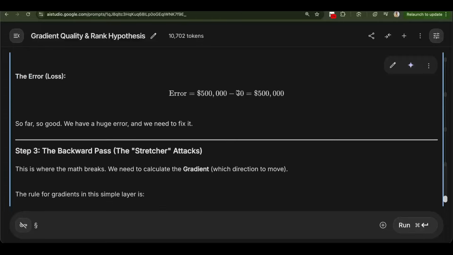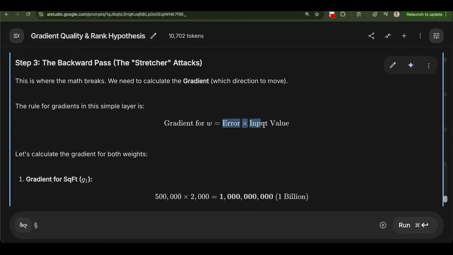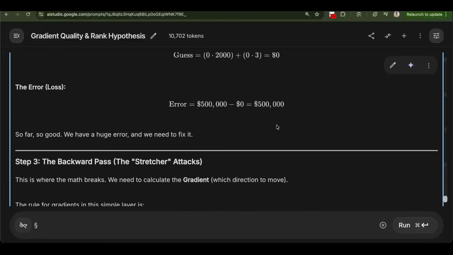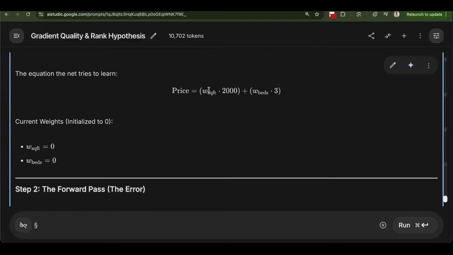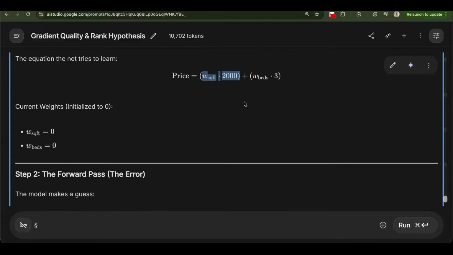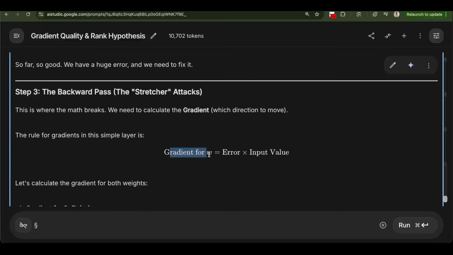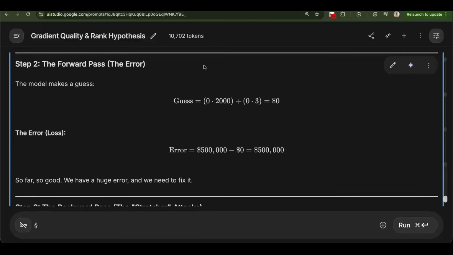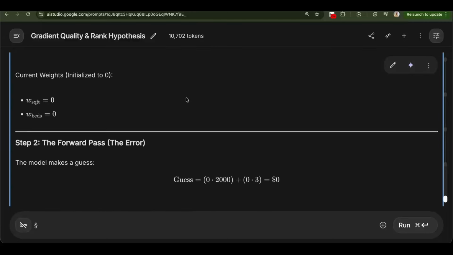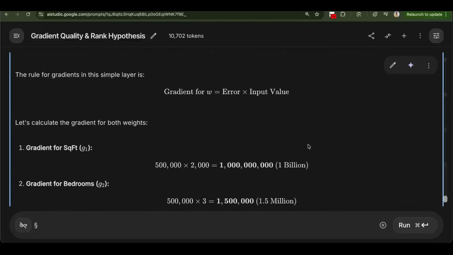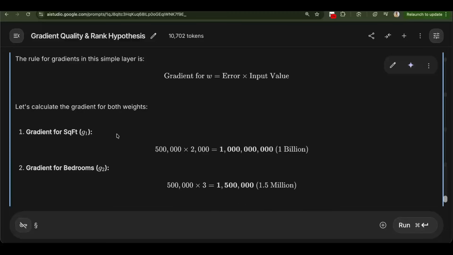So it's just error times input value. As I said, this is 2000 for this case. So that's the gradient of error with respect to input. You can backpropagate here, do derivation, do the chain rule and see for yourself. So gradient for square feet will be 1 billion and gradient for bedrooms will be 1.5 million.